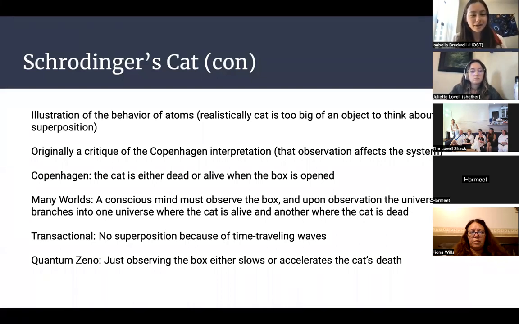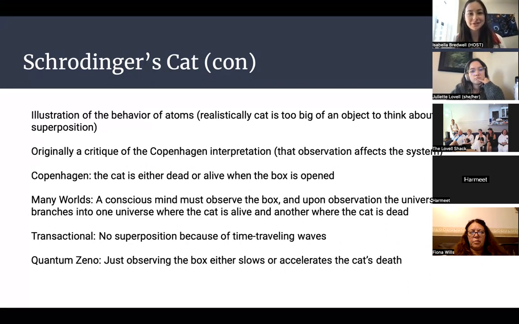Transactional is way too complicated, but it basically says there's not even any superposition because waves travel back and forward in time, so everything is distributed. Quantum Zeno is just that looking at the box can affect the cat's actual state.